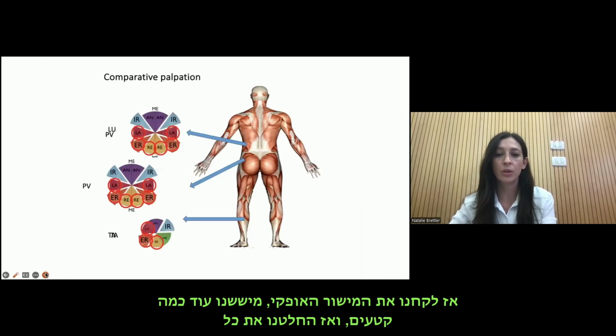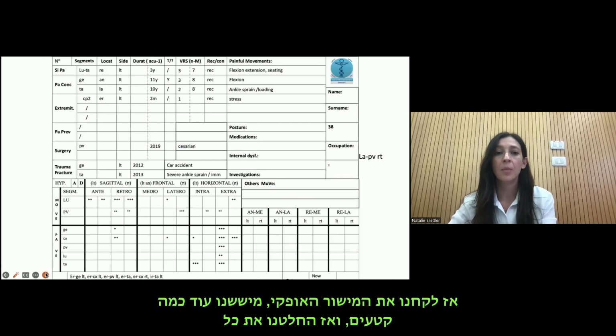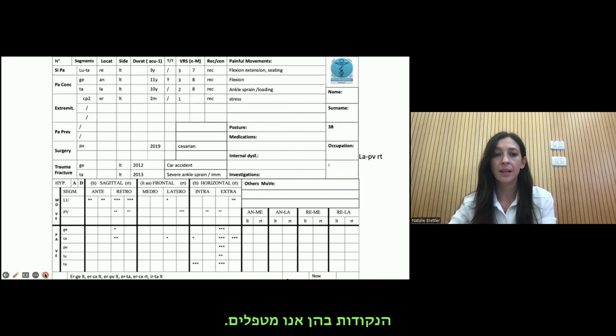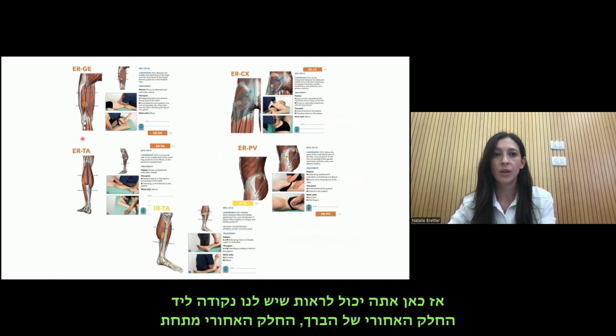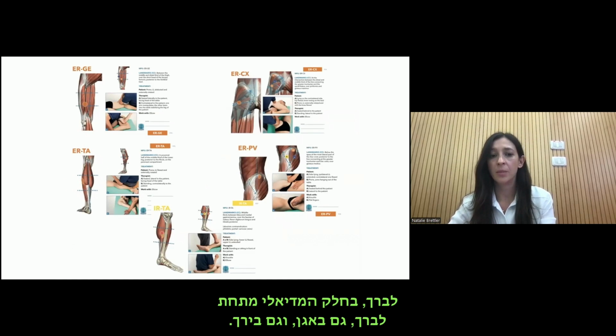So we took the horizontal plane, palpated a few more segments, and then decided all the points that we're treating. Here you can see we have a point near the posterior part of the knee, in the medial part below the knee, also in the pelvis, and also in the hip.